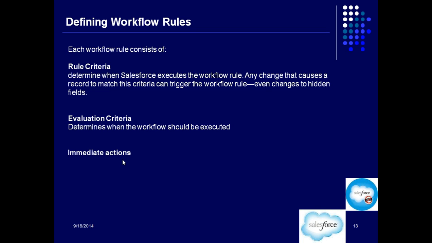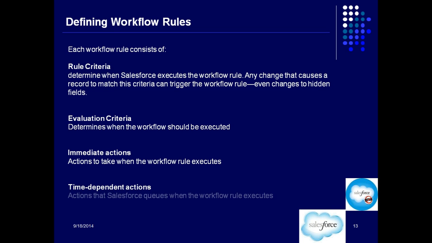Then immediate actions of the workflow. So actions, what all 4 actions can be done, I have shown you just now in the previous slide. Immediate actions are the actions to take when the workflow rule executes. Time dependent actions are actions that Salesforce queues when the workflow rule executes. So time dependent actions can be delayed actions.